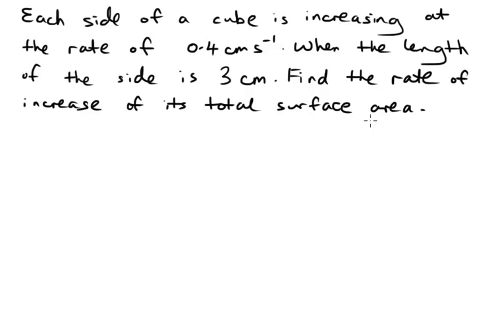the total surface area. So since we are talking about total surface area, we have to have a formula for the surface area. Now, we are talking about a cube here. So let's draw a simple cube here.